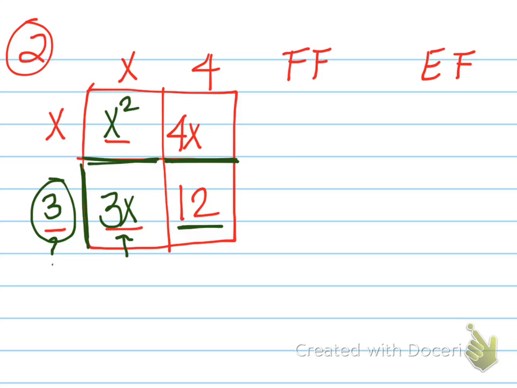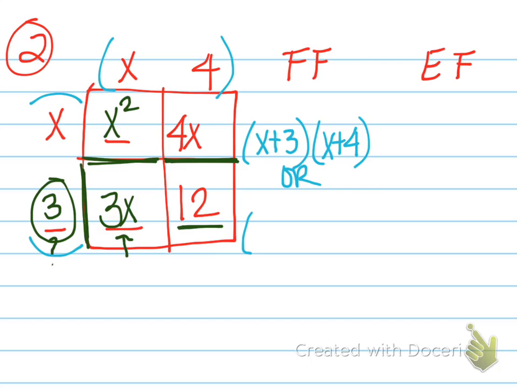So factored form, I write my outside terms in parentheses. So I'll take these 2 terms here and these 2 terms here. And if I don't see any negatives, then I know I have to separate them with addition signs. So factored form would be x plus 3 times x plus 4. Or you could write x plus 4 times x plus 3. It doesn't matter.